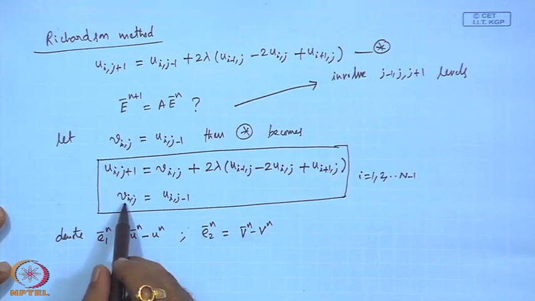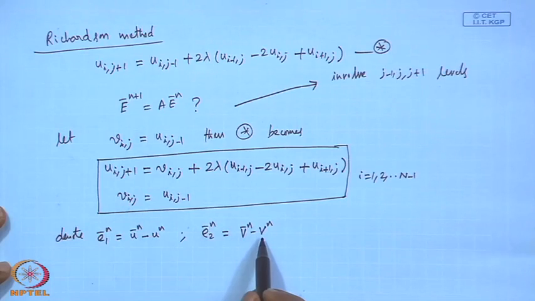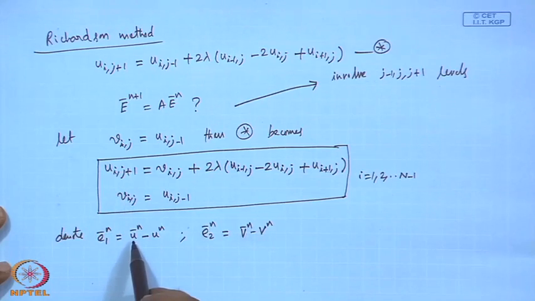So, we have introduced a v i j. Let us denote the corresponding v vector as capital V, u vector as capital U, and this is the value satisfying exactly the difference scheme, and this is the round-off error.